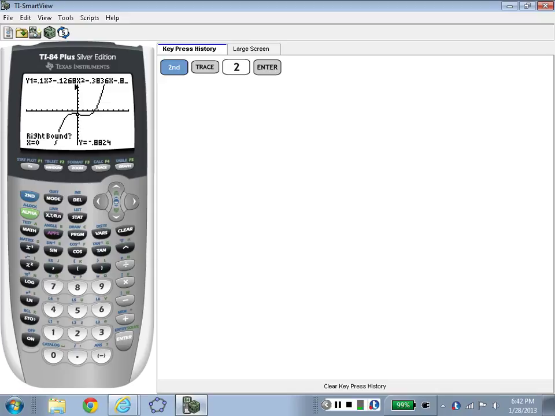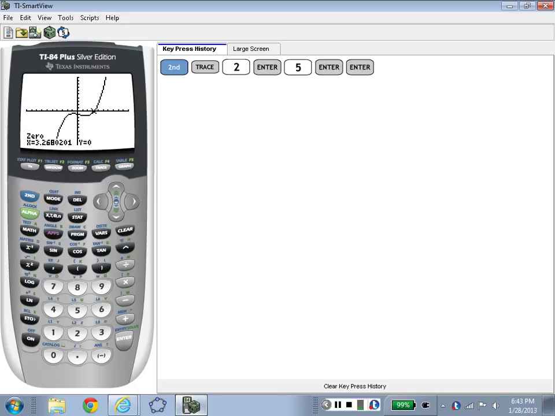See, instead of pressing the right arrow multiple times, an option is just to type a number that looks like it's clearly to the right of the x-intercept. The x-intercept in this case is about 3.5. I'm going to go with 5. Enter. And then I'm going to press enter again to tell it to start searching there. So there we go. Those keystrokes are probably going to find the solution more times than not.